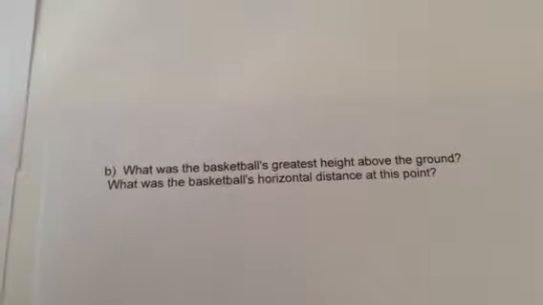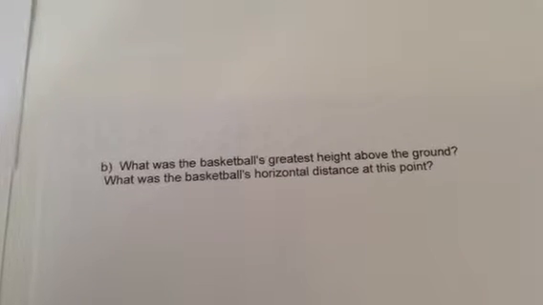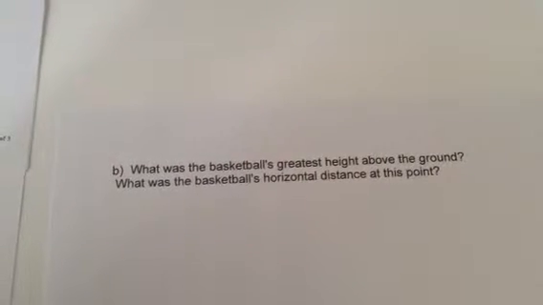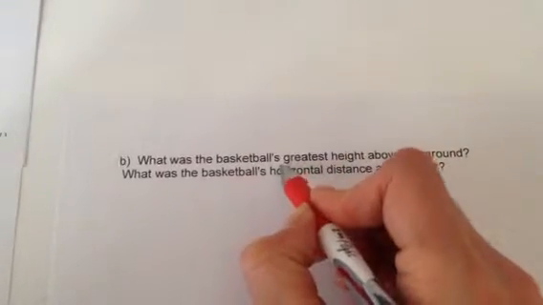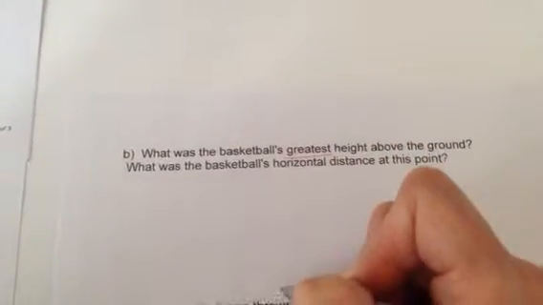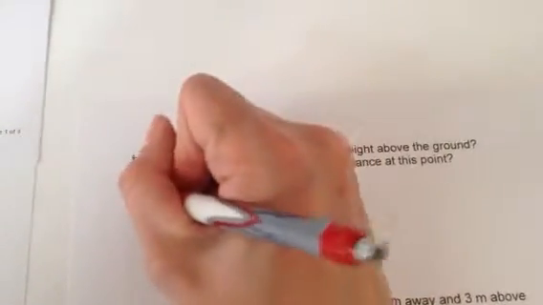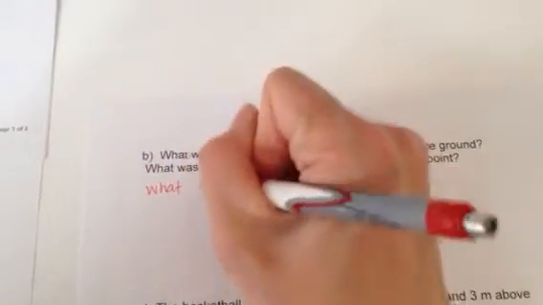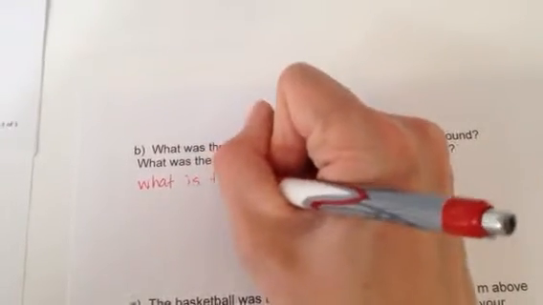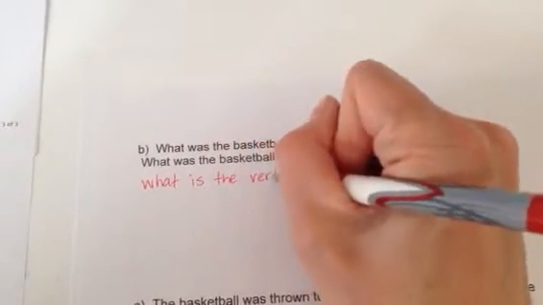What was the basketball's greatest height above the ground? What was the basketball's horizontal distance at this point? So that's asking us for our greatest height above the ground. This means that we're looking for the vertex. So what is the vertex?